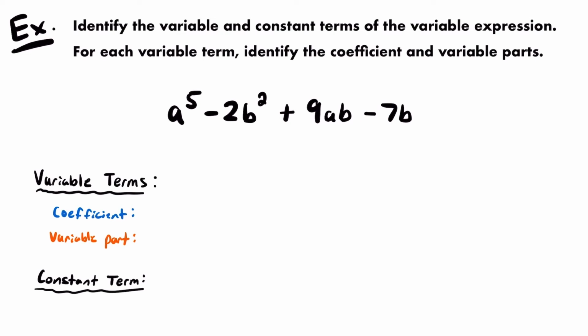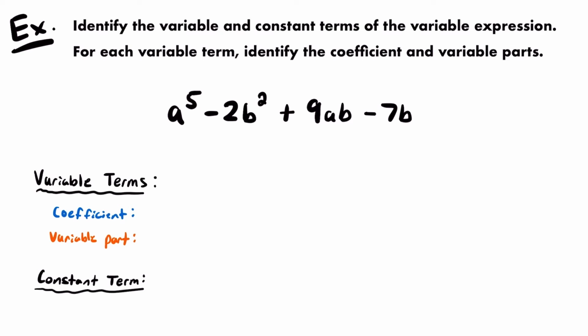All right, so in this variable expression, I see 4 terms, right? 1, 2, 3, 4. And so looking at those 4 terms, which of them are variable terms and which of them are constant terms? And well, it doesn't look like there are any constant terms, right? Each and every one of these terms includes a letter or a variable.